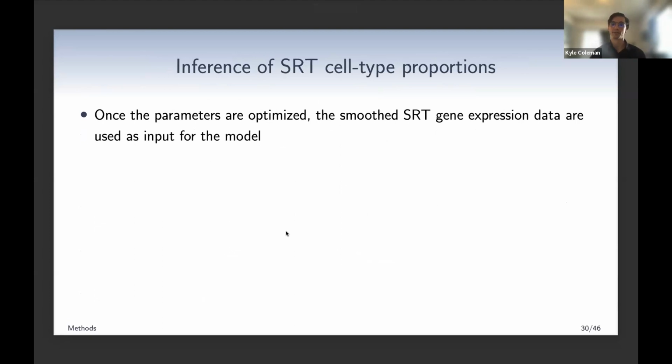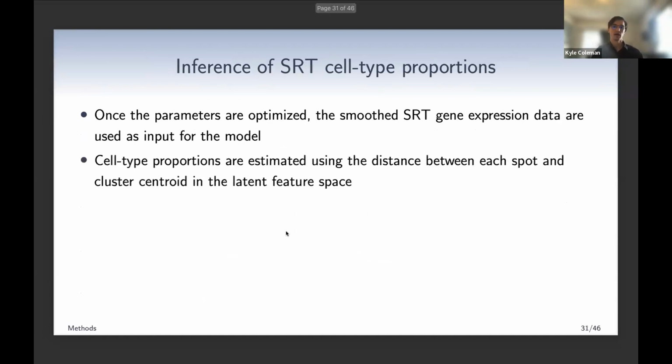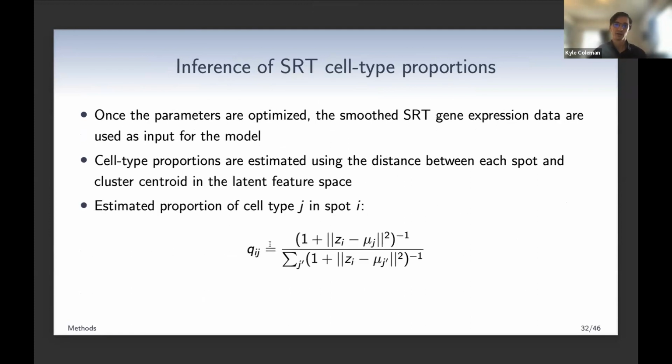Once the parameters are optimized, we input the smoothed and pre-processed SRT gene expression data into the model. Cell type proportions are then estimated using the distance between each spot's embedding and the cluster centroid for each cell type in the latent feature space. So we again use that same activation function Qij.